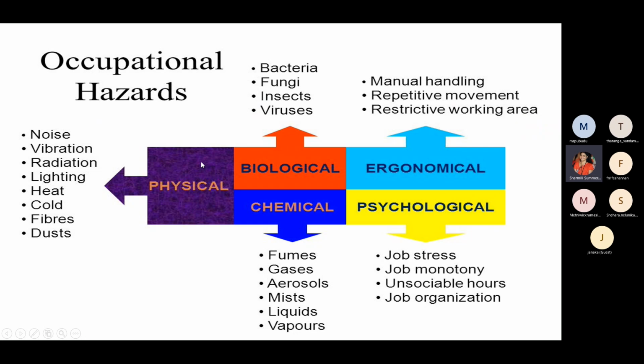Physical hazards mainly involve noise from machinery, vibrations, radiation, lighting, heat, cold, fibers, and dust. For example, take a person working in an asbestos company.